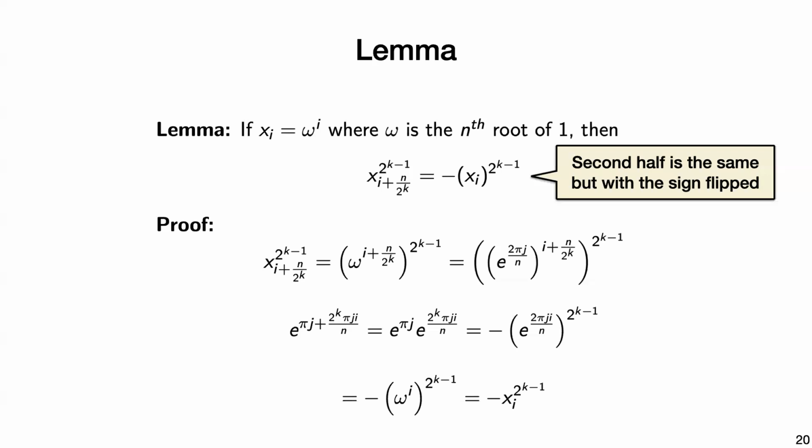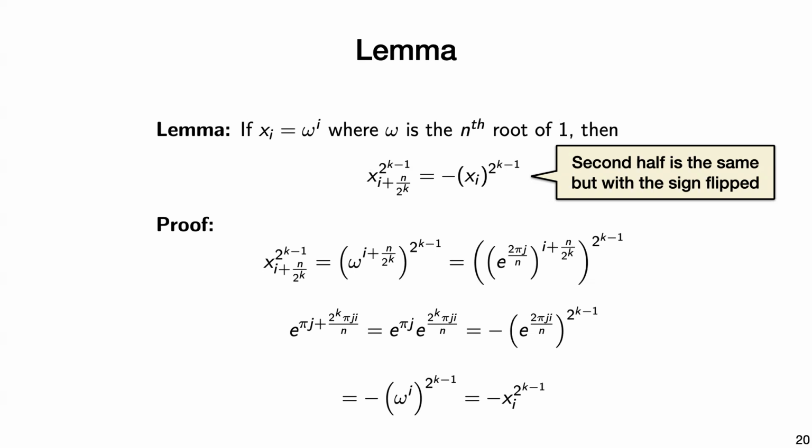And this is just showing, similar to what we were showing earlier, that if you choose x of I to be omega to the I, where omega is the nth root, then this is the second half, and raising it to the power 2 to the k. The bottom part is I to the n over 2 to the k, the top part is raising it to the power 2 to the k plus 1, so this is what you're getting at the kth level of the recursion.